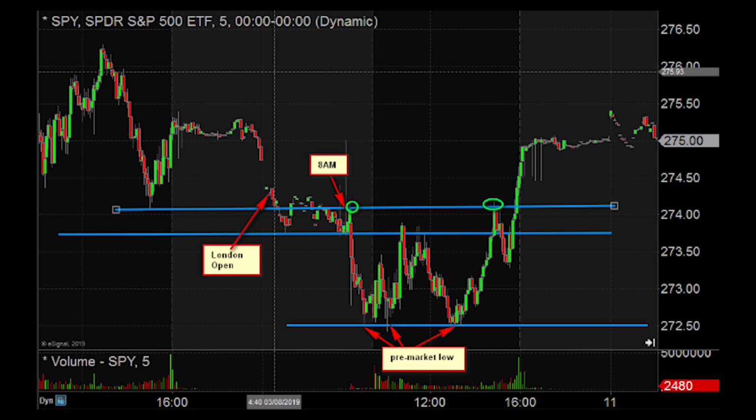And then at 8 a.m., you can see we started to move up, but we couldn't get above where we were at the London Open, and we sold off very hard in the pre-market. Actually, we came off about $2.50, and we put in a low right before the market opened.